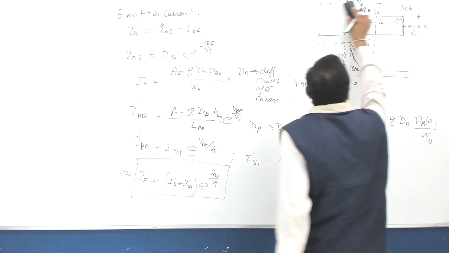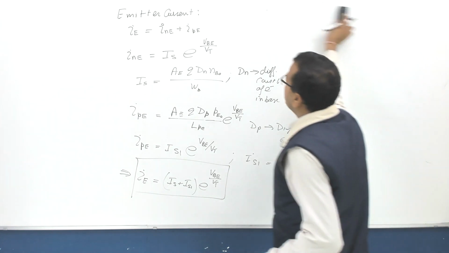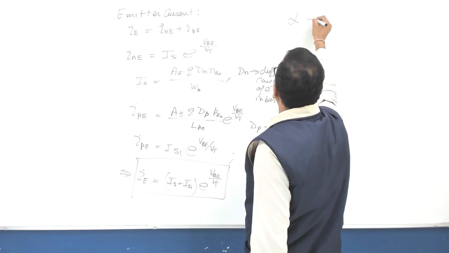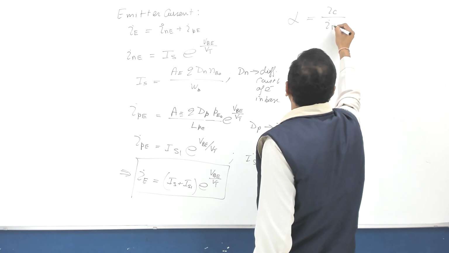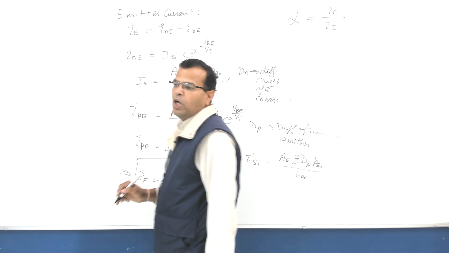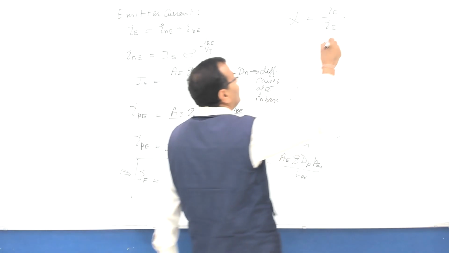Now the interesting part is, we know what is alpha. Try to recall, alpha is the ratio of the collector current to the emitter current. That is common base current gain. And you know what this is?